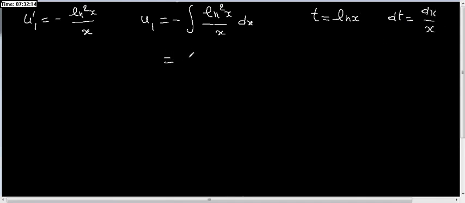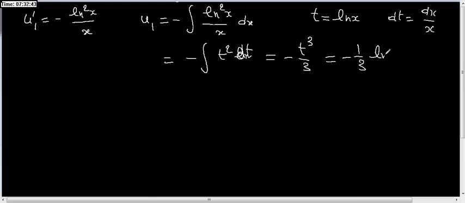So u1 is minus integral of t squared dt, which is minus t cubed over 3. That means negative 1 over 3 ln cube x. So we just take the constant of integration to be 0.